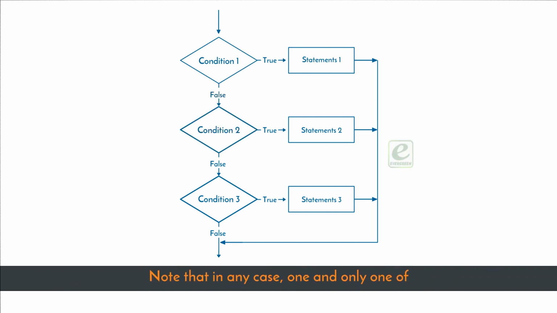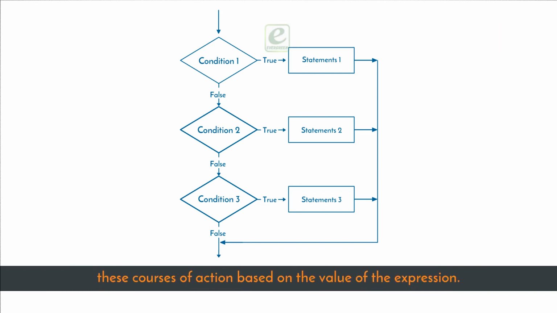Note that, in any case, one and only one of the two statements inside the if statement is executed. Two statements represent alternative courses of action. The computer decides between these courses of action based on the value of the expression.